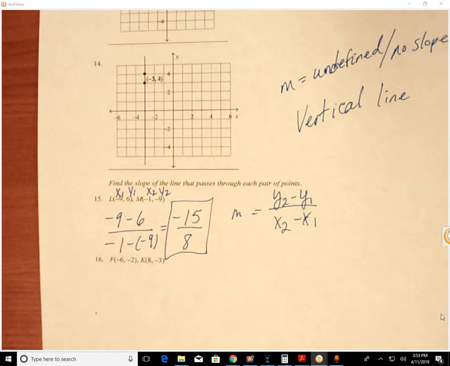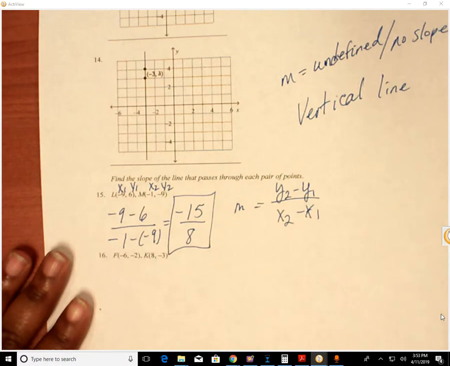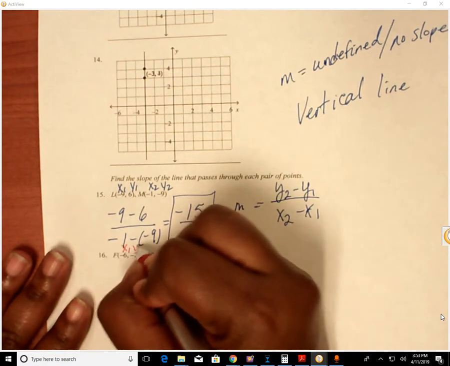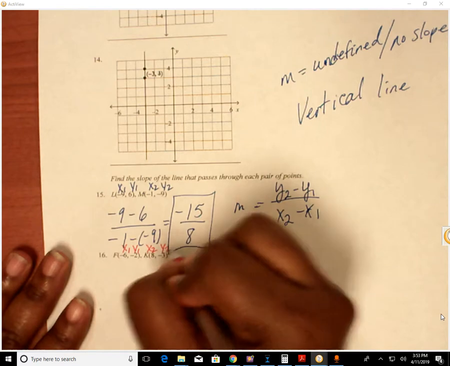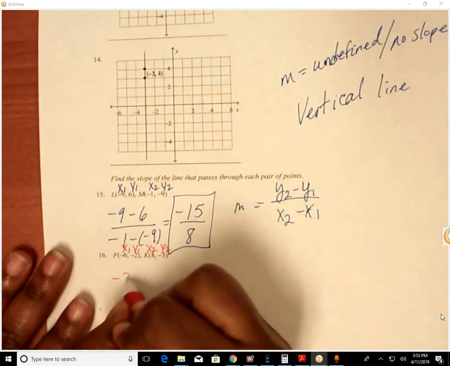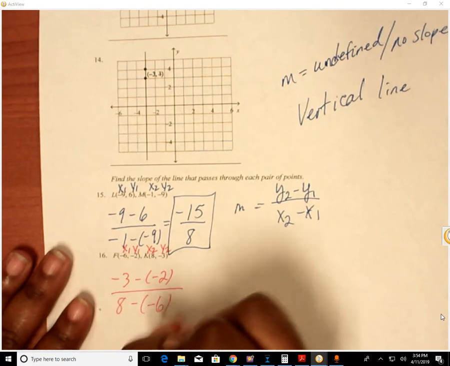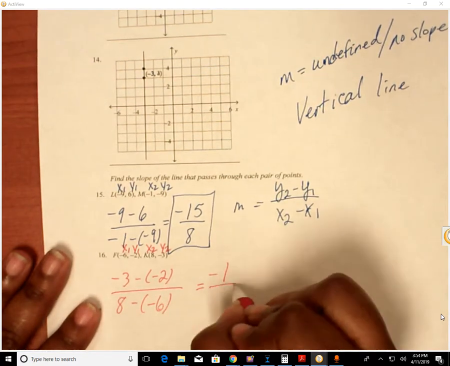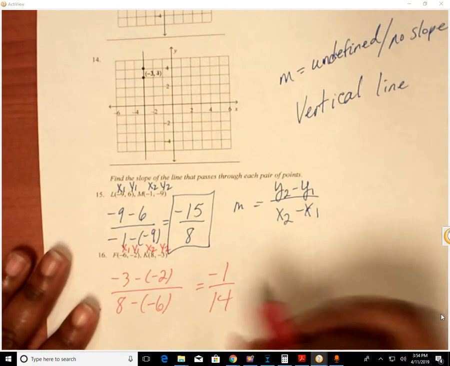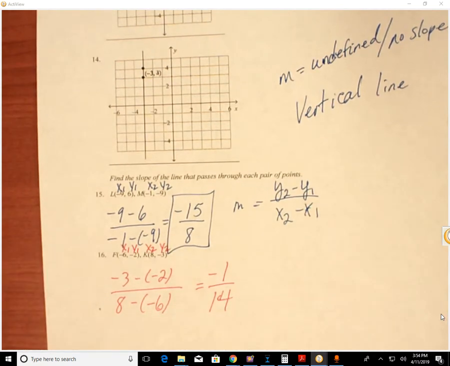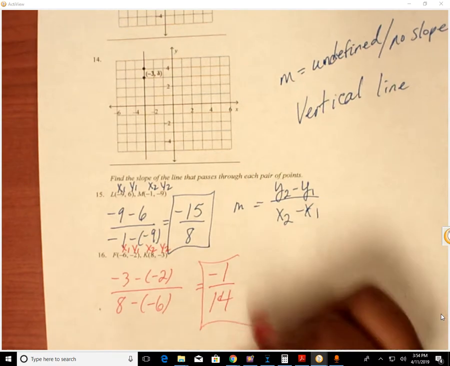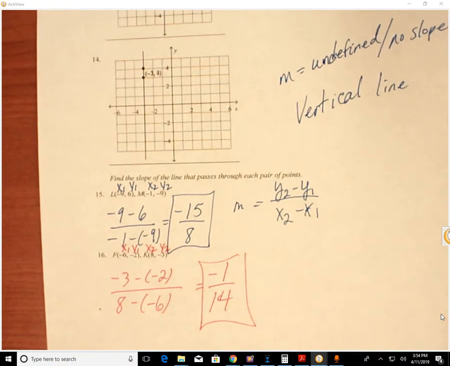And the other factors of 15 are 1 and 15, and we know 15 is way too big to go into 8. Okay, so I'm going to do x1, y1 here, x2, y2 here. That gives me negative 3 minus negative 2, over 8 minus negative 6. That's going to give you a negative 1 over 14. So negative 1/14. Both of these lines are negative, so they're going down, downhill.